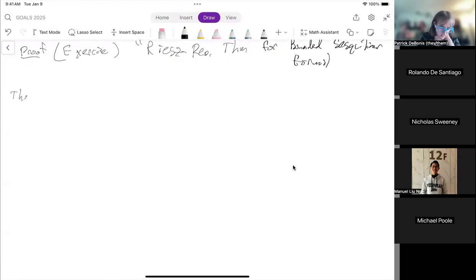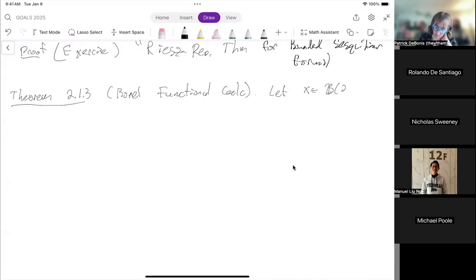Okay. So we have Theorem 2.1.3. This is the Borel functional calculus. So we start with a normal operator X in the bounded operators on the Hilbert space.